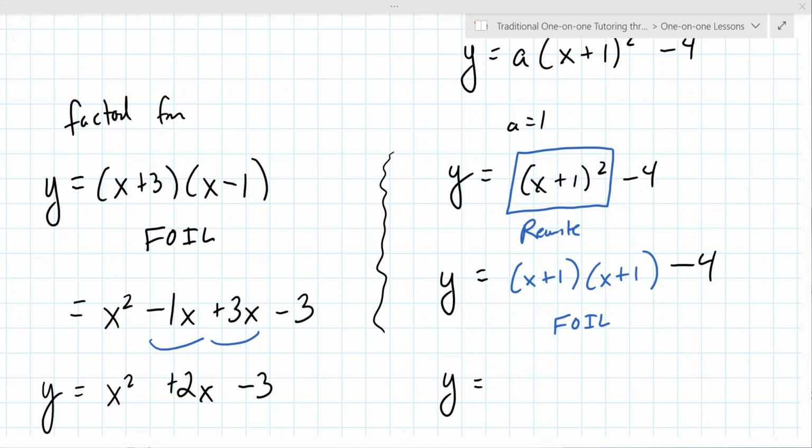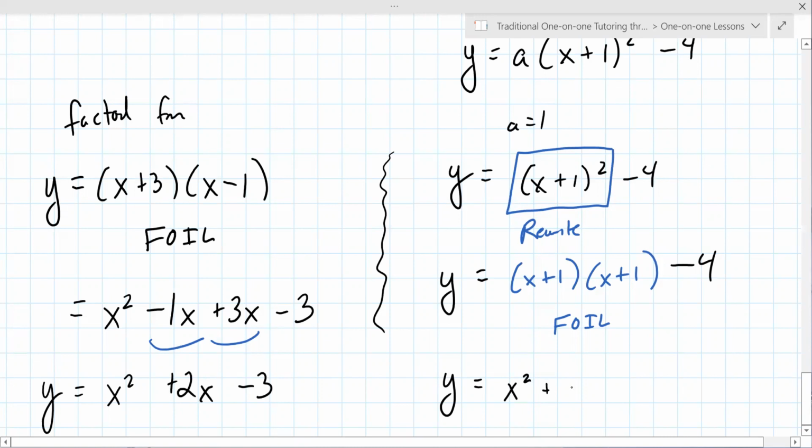So x squared, and then plus 2x. Anything else? No, not that I think of.